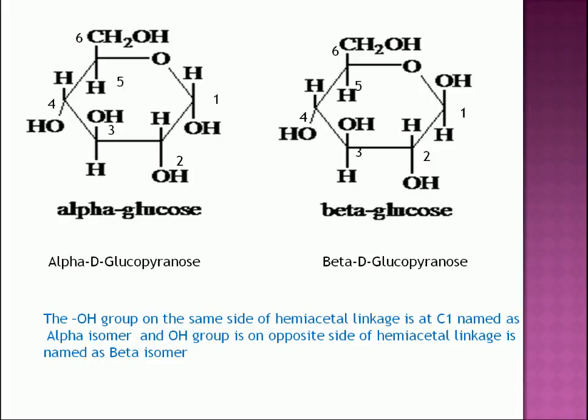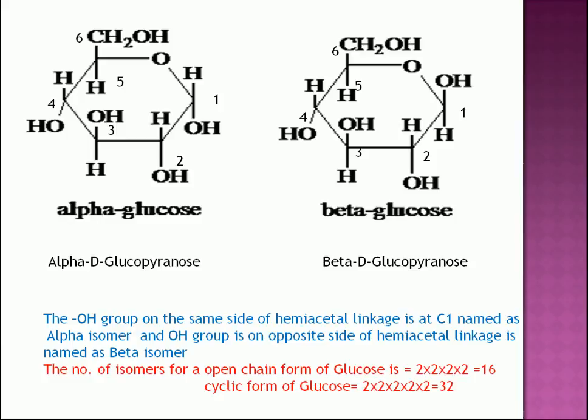The OH group on the same side as the reference linkage at C1 is named the alpha isomer, and the OH group on the opposite side is named the beta isomer. The number of isomers for the open chain form of glucose is 2 to the power of 4, equal to 16. The number of possible isomers for the cyclic form of glucose is 2 to the power of 5, equal to 32.